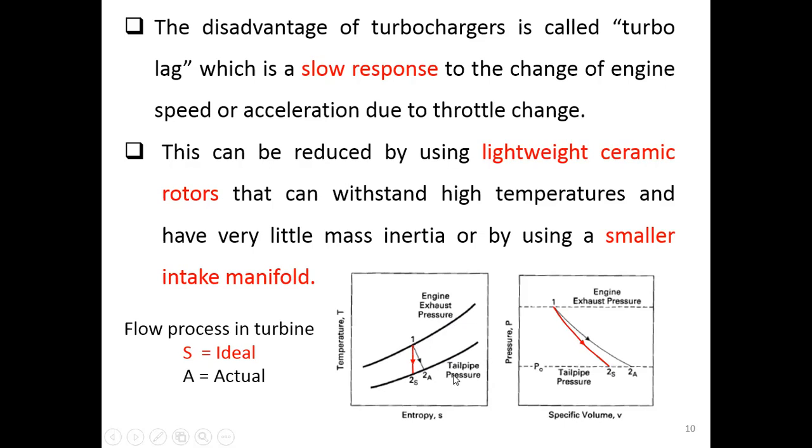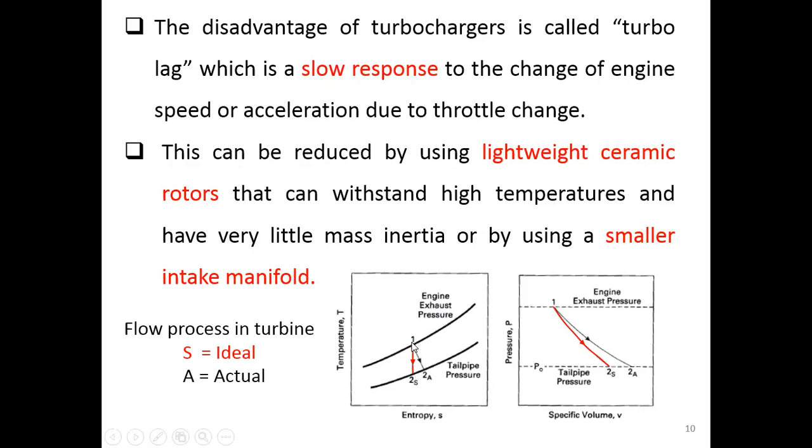The second one we call the tailpipe pressure, not atmospheric pressure, because the tailpipe pressure has to be a little above atmospheric pressure. So the turbine will not expand the exhaust until it reaches atmospheric pressure; it will expand the exhaust until it reaches a certain pressure that we call the tailpipe pressure.